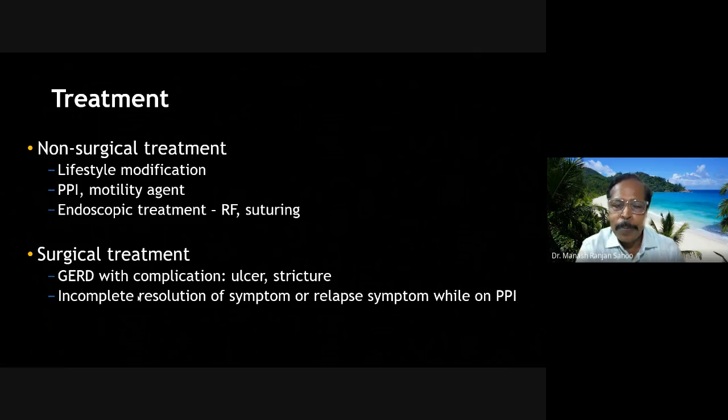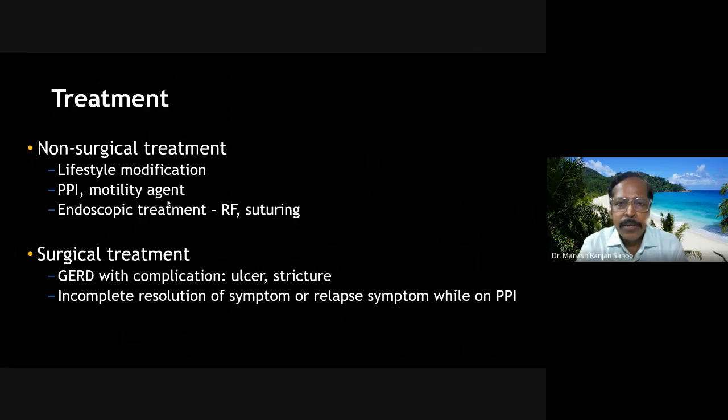The majority of these patients respond to non-surgical treatment just by modifying lifestyle, giving an adequate dose of PPI or a motility agent, and telling them a few things like not going to bed just after food and keeping the head end of the bed a little raised. Quite often 60 to 70% of patients respond to this.